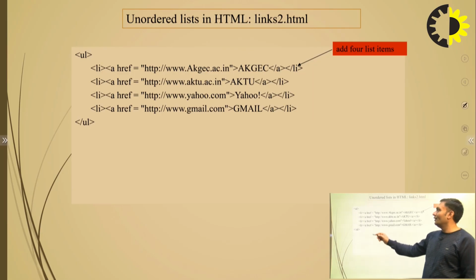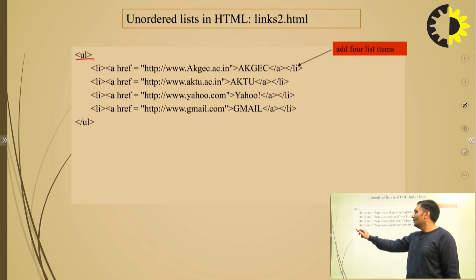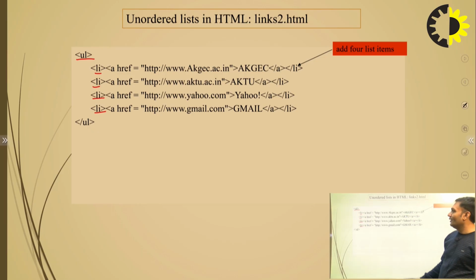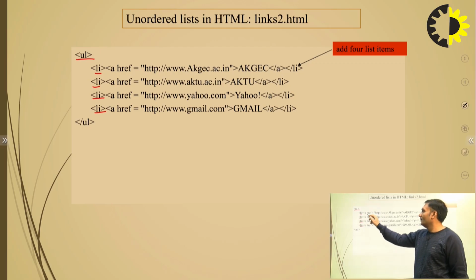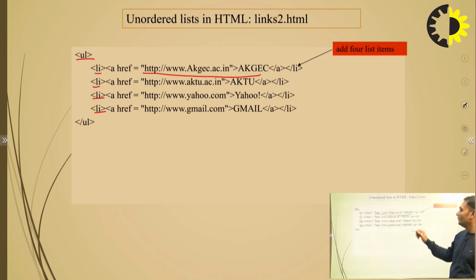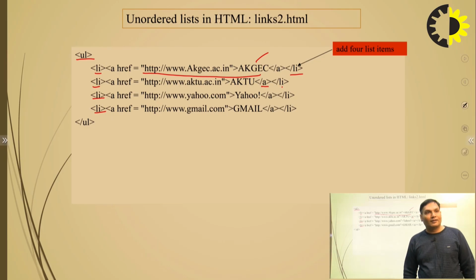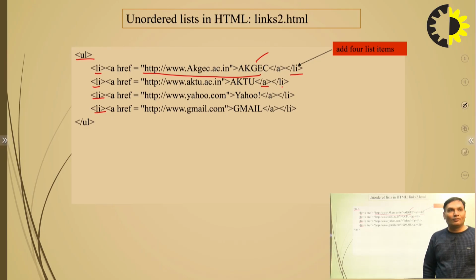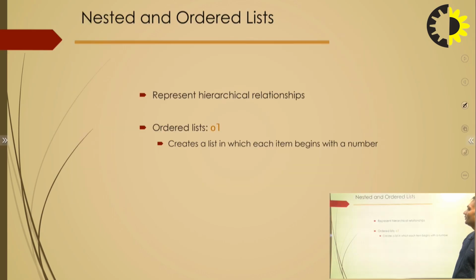First we write the ul tag, then we write the list elements with different li tags, and this is the anchor tag. We give the reference, this is the value, this anchor tag closes, the list element closes. In this way we can make an unordered list. There will be no numbers in the items, so that's why it's called an unordered list.